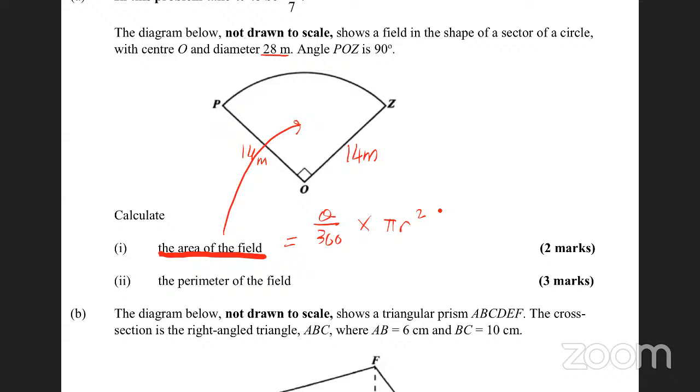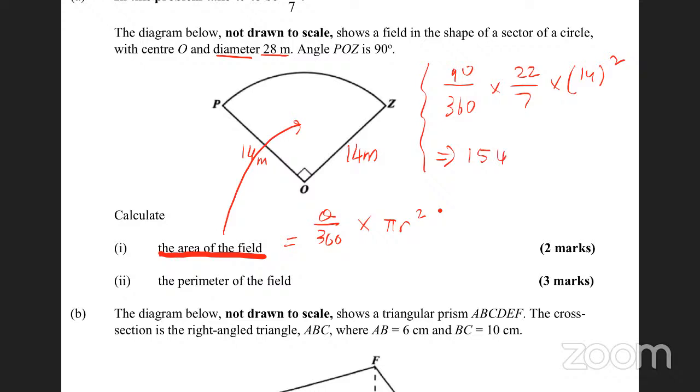Remember, pi is 22 over 7, right? So you should have 90 over 360 by 22 over 7 by 14 squared. Please remember they gave the diameter, right? Work it out. How much did you get? 154.